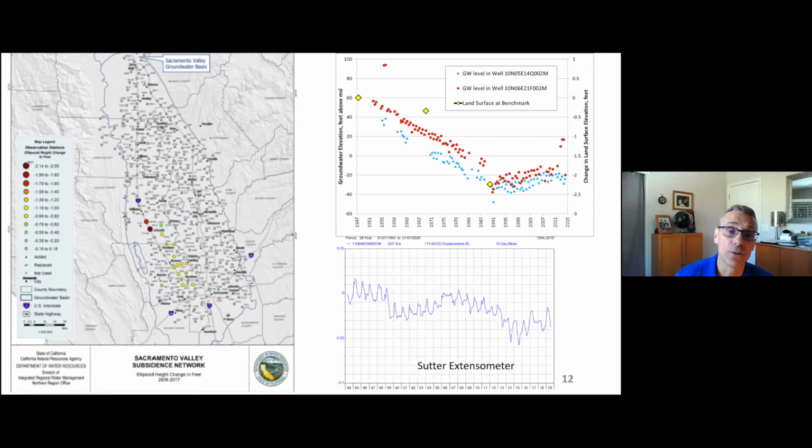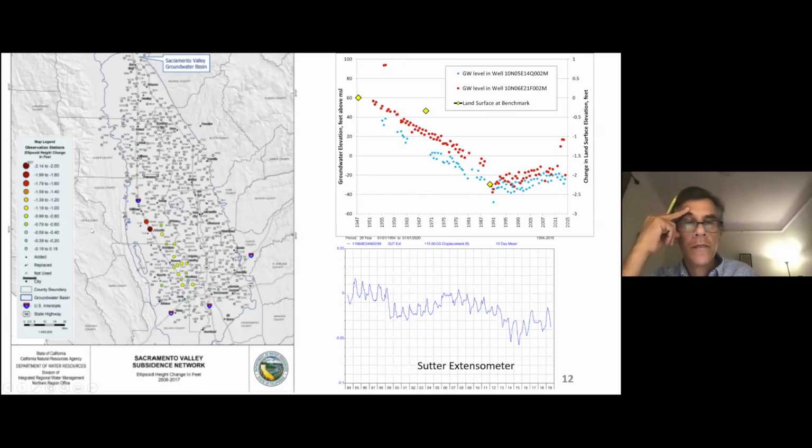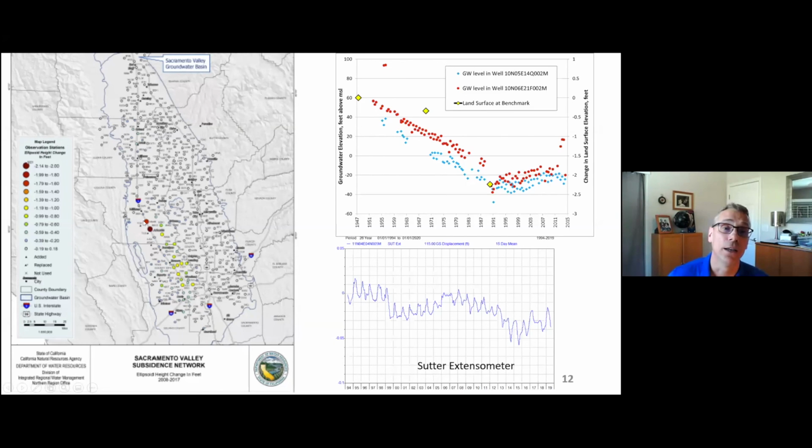So coming at the heels of the drought, and I understand it's a very difficult figure for you all to see on the left-hand side, but basically these dots, and the fact that they're clear, indicate there was really no detectable subsidence occurring in our basin, even before we've recovered fully from the effects of the drought. We can see that we do see subsidence out in Yolo County and up in Zamora, which again is what we would expect. So subsidence is not a major issue.